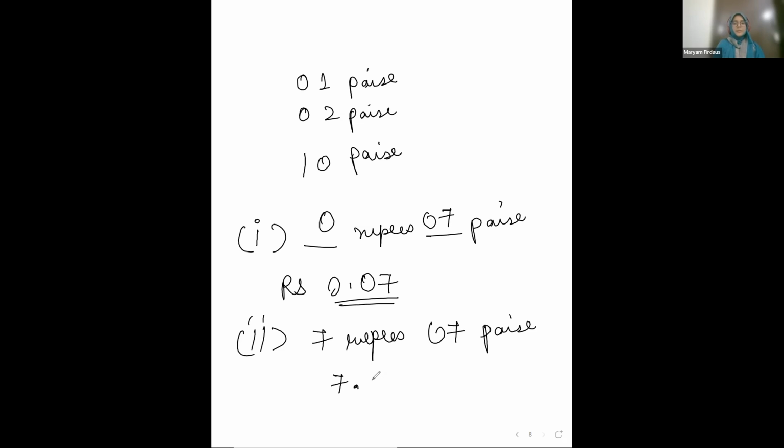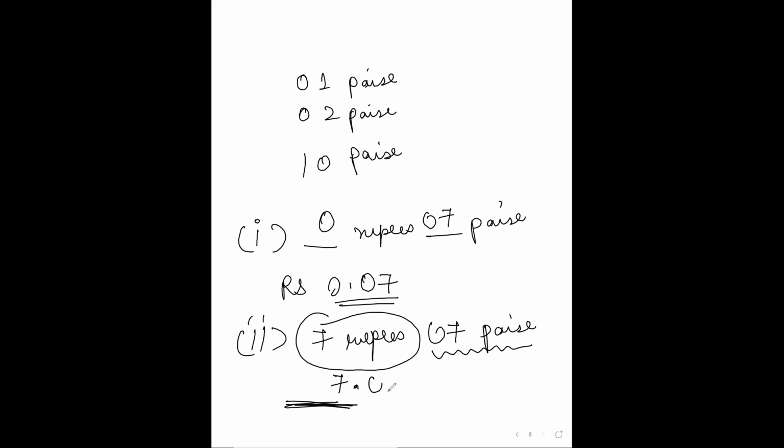How much will it be? You will say 7. Whatever is in the rupees, you will put it over here. Whatever is in the paise, you will put it after the decimal point. Okay?